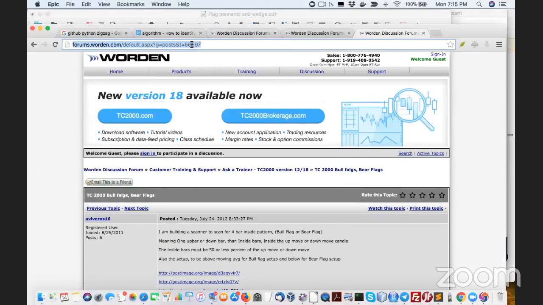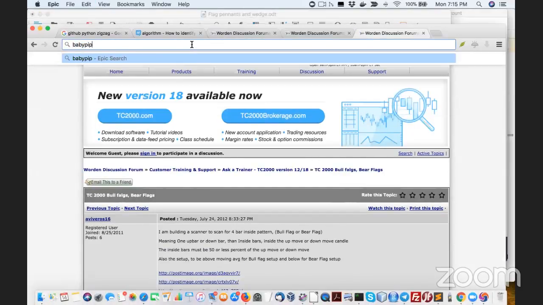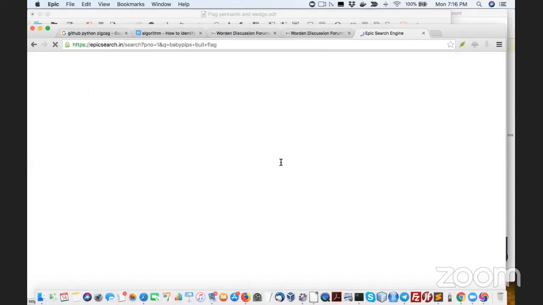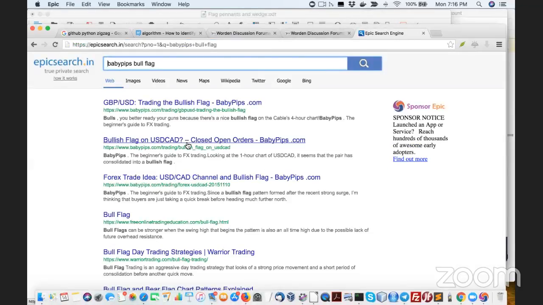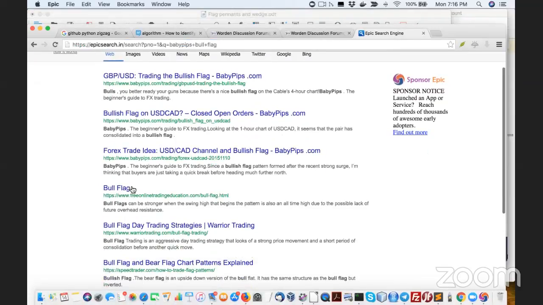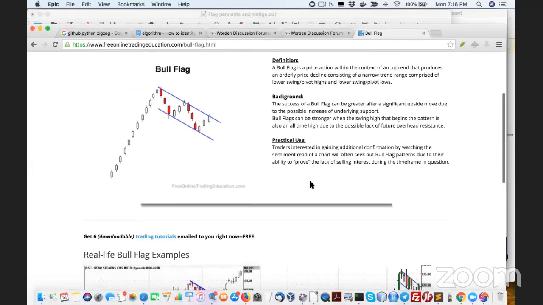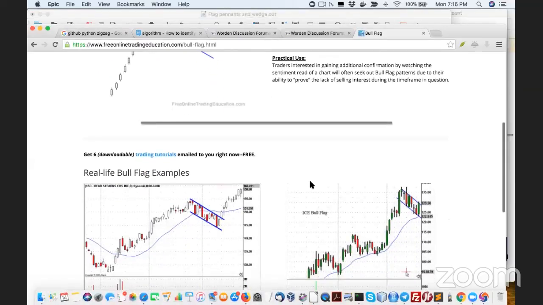What we're looking for is Babypips. I learn a lot on it when it comes to patterns. So if you look for Babypips, let's call it a bull flag. To learn about the bull flag, there are numerous examples that you can use.